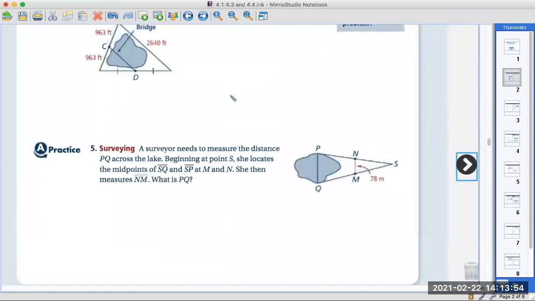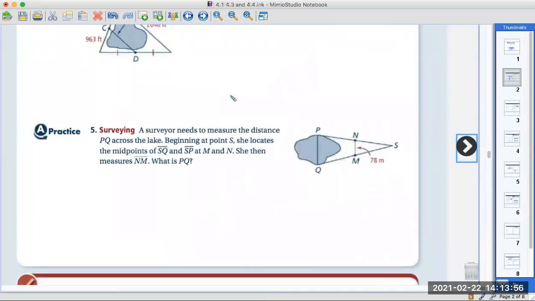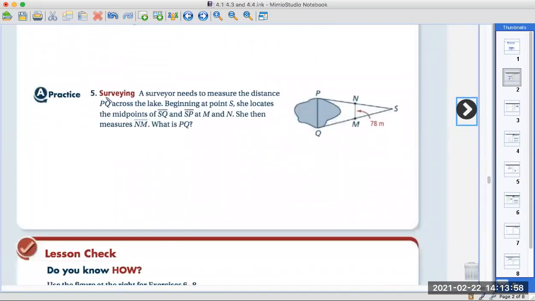I want to do this lake problem. Because surveying, you know, you've seen those people on the side of the road with these little machines they look through and they check out the property lines, they check out when they build a road where they're going to put it. And a surveyor needs to measure the distance PQ. So I'm looking at this distance across the lake.